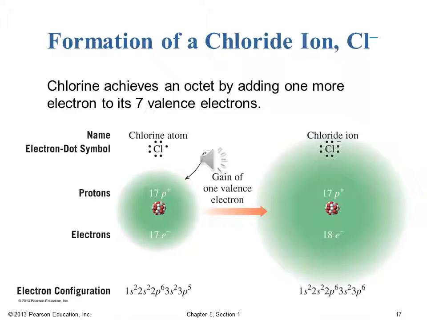That's because we have still just the 17 protons in the nucleus that make us chlorine, but now we have an extra electron on the outside, which makes us chloride as opposed to neutral chlorine. And therefore our electron configuration, 1s2, 2s2, 2p6, 3s2, 3p6, is now a stable noble gas configuration with a total of 8 valence electrons, 3s2, 3p6.